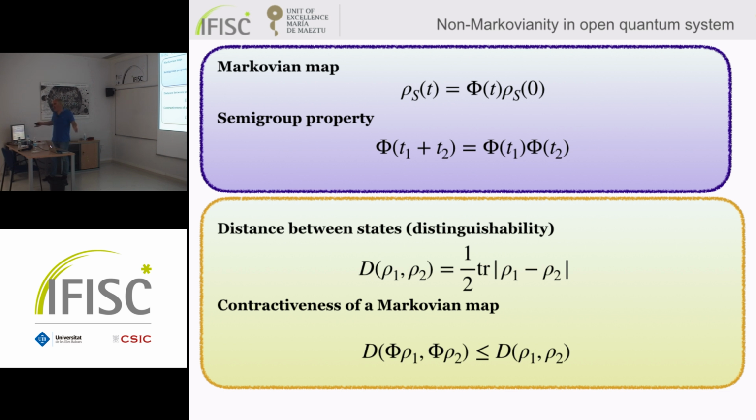If the distance is maximum, they are orthogonal in a way. Because of these semigroup properties, in the case of a Markovian map, this distance is contractive. It means that if you take the distance at the initial time and you let the states evolve according to a Markovian map, this distance must decrease.